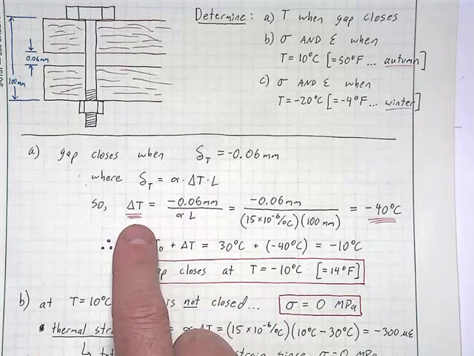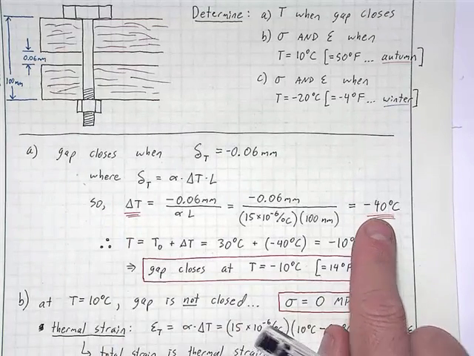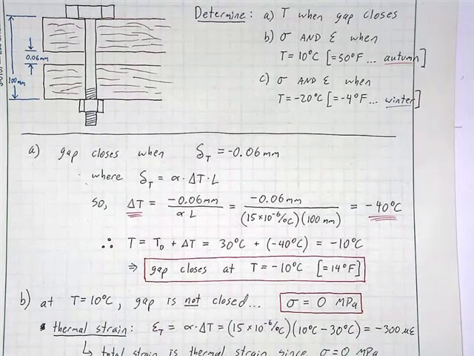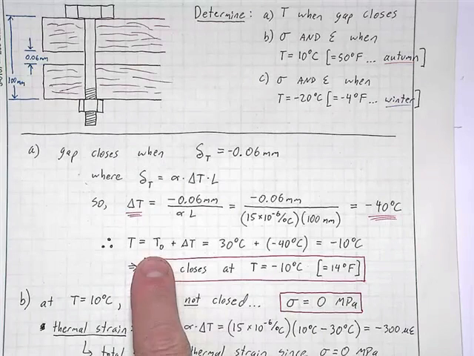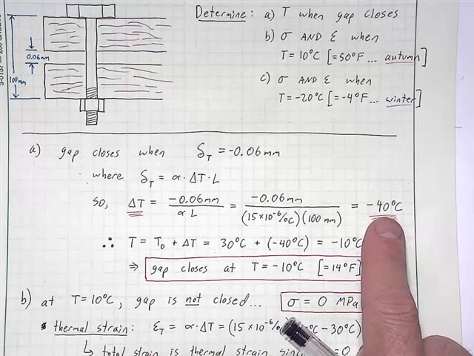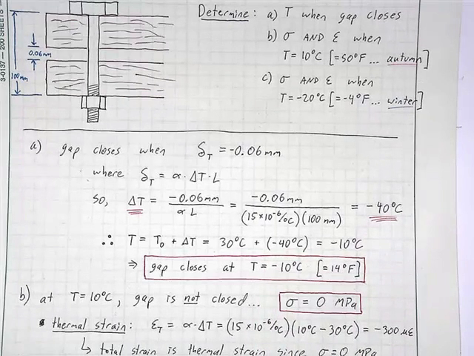We can solve for the change in temperature and find it's a minus 40 degrees Celsius temperature change. And so that means the temperature at which the gap closes, take our original temperature, 30 degrees, add on to it the temperature change, which is a minus 40 degrees Celsius change. So at minus 10 degrees Celsius, the gap will close.